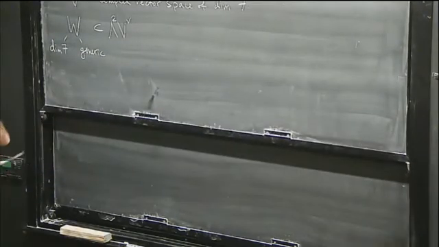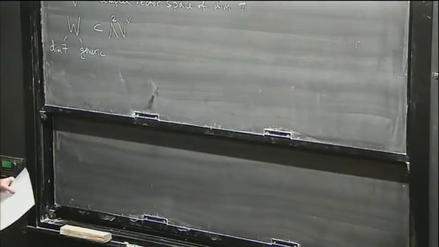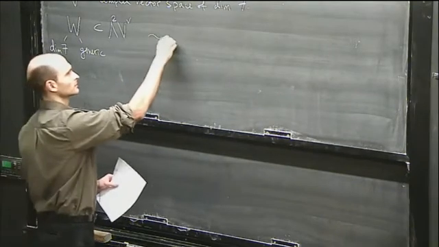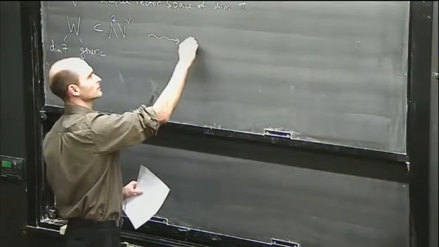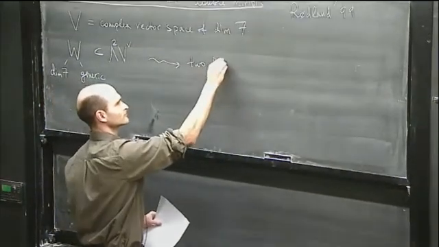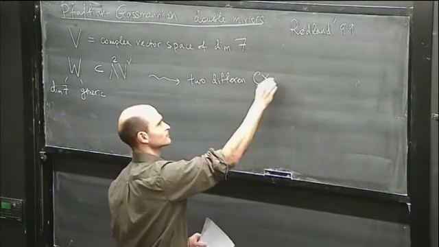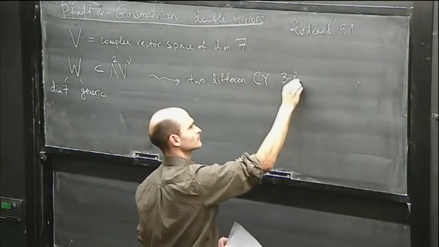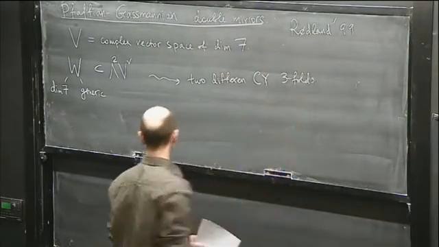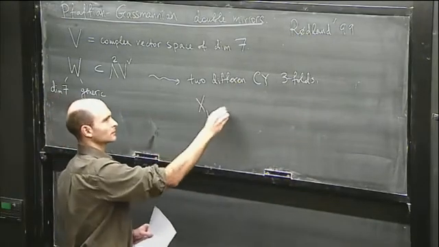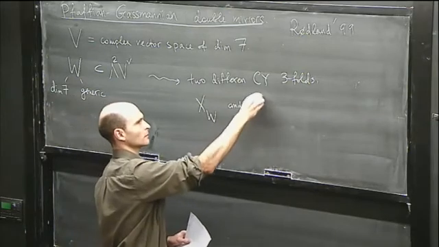And the observation of Rodland was that to this data you can somehow associate two different Calabi-Yau threefolds. Let's call them XW and YW.